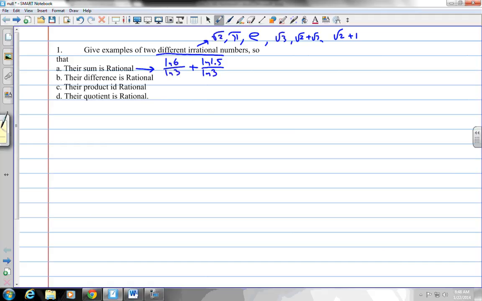That whole thing equals 2? Yep. And how do you know that ln of 6 over ln of 3 is irrational? I played around with it on my calculator. And what'd you get? Don't know how big that number is. Yeah, but it probably is irrational.